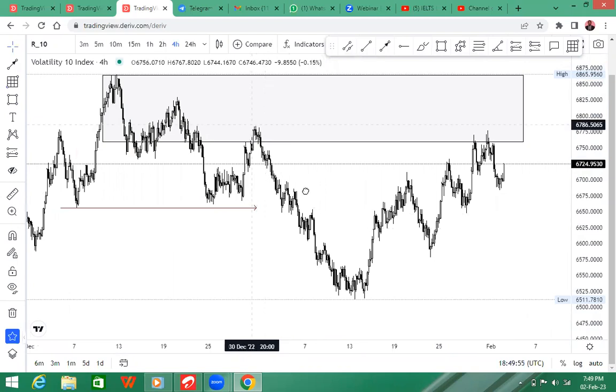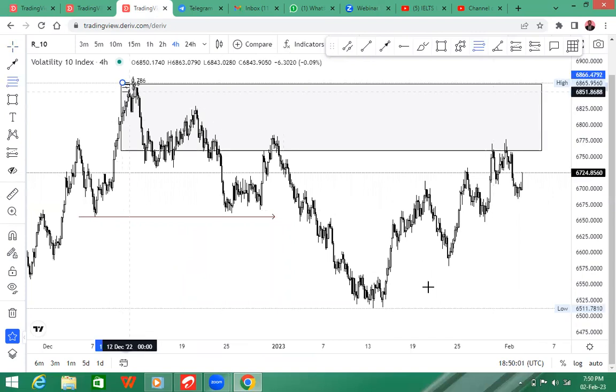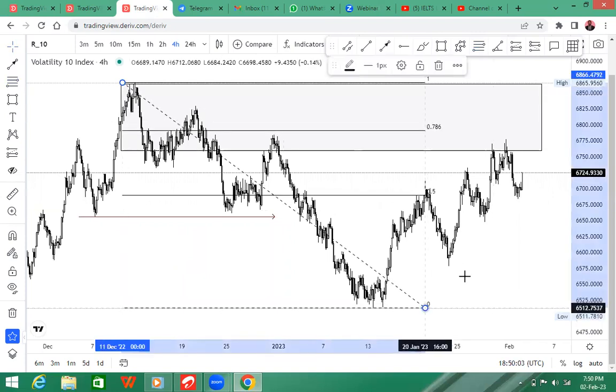This happened, this becomes my internal liquidity. So let me draw my fib from the high to the low. This is 50%. This is the last structure after 50%.